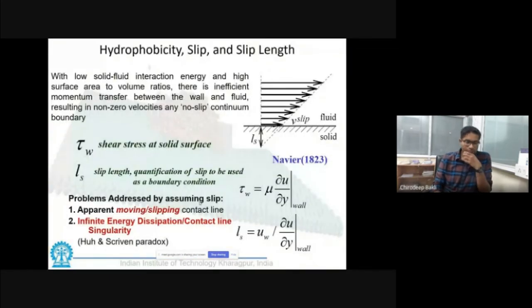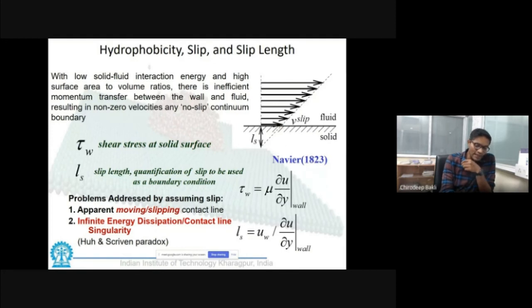explain this to you. Initially I tried to explain what the slip boundary condition for a surface is, and as you can see, typically the no-slip condition would say that the velocity at the surface would be equal to the velocity of the stationary surface, or zero.